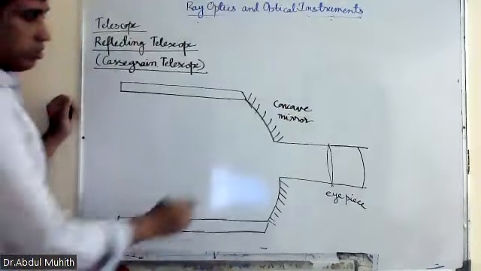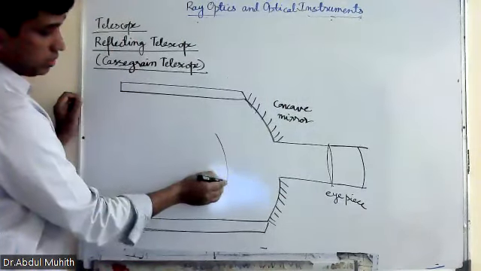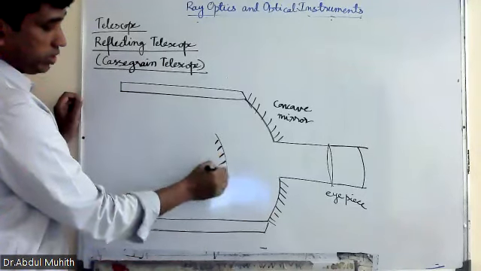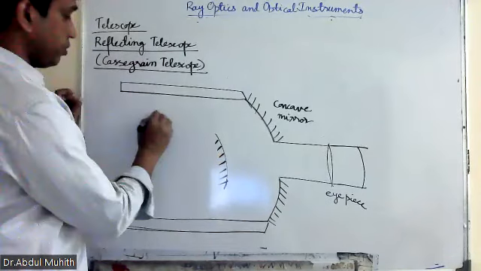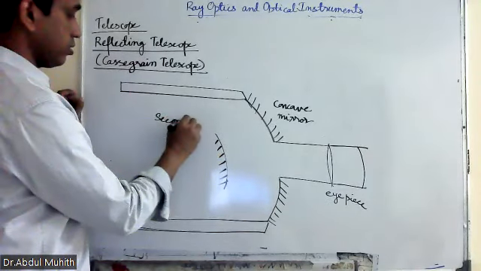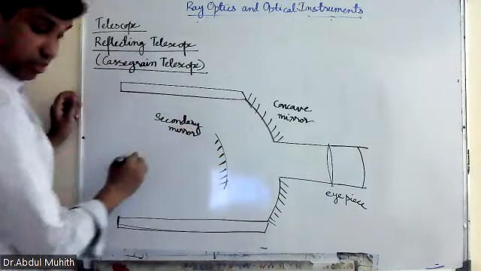And here there is the eyepiece, which is a convex lens. This is a convex mirror, which is said to be the secondary mirror.